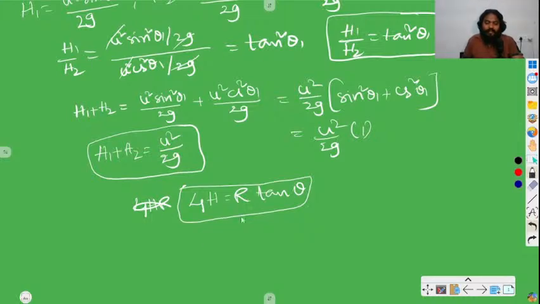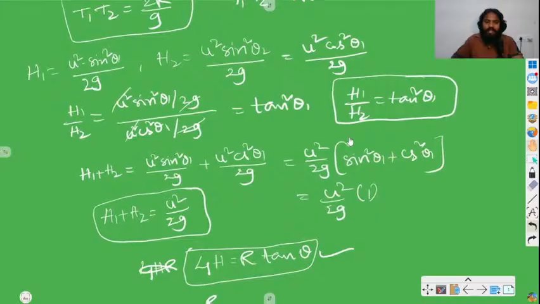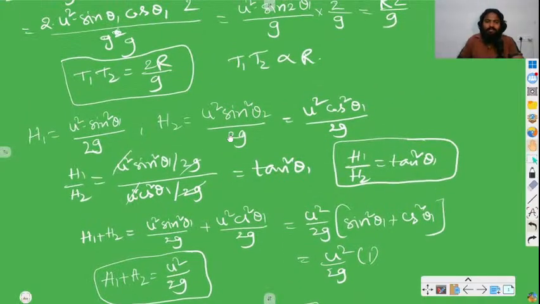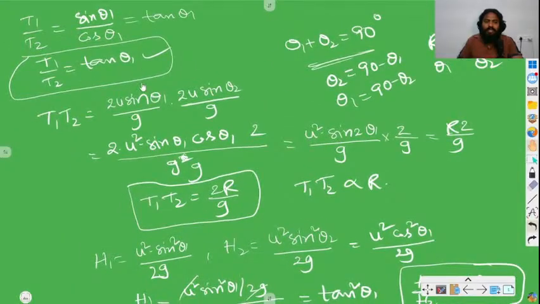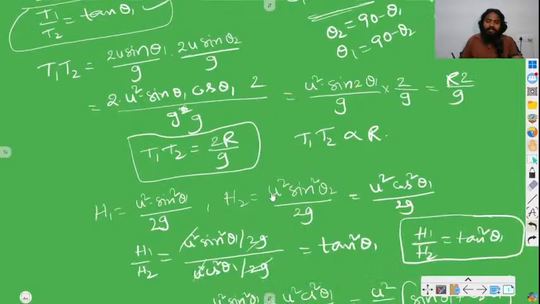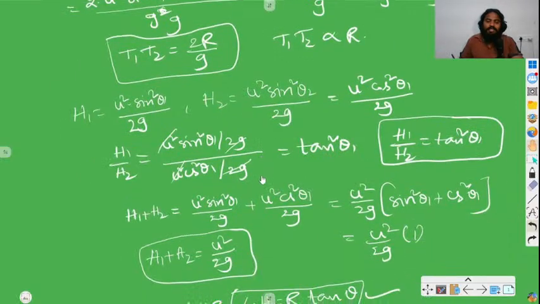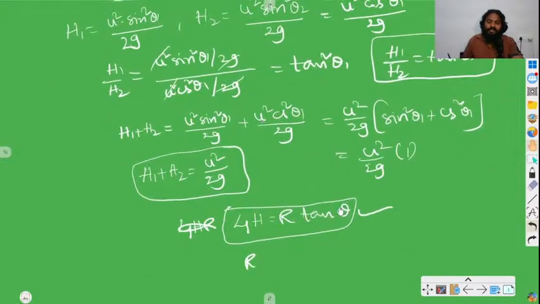So from this r is equal to, you can change it according to your wish, however you want. In place of tan theta you can substitute t1 by t2. What is t1 by t2? t1 by t2 is tan theta 1. You can substitute that, or else by using this equation you can substitute in the tan theta place root h1 by h2 also. According to the situation you can use this.